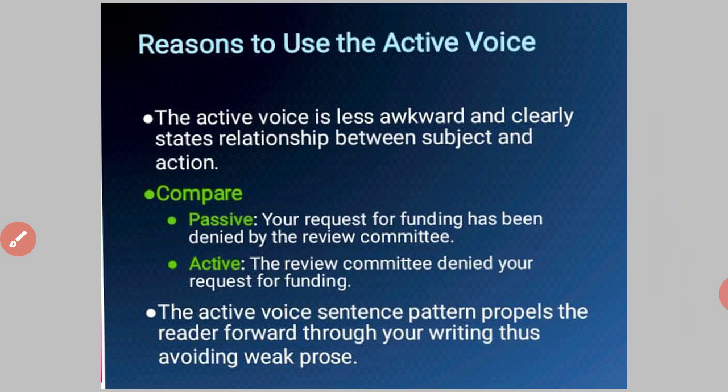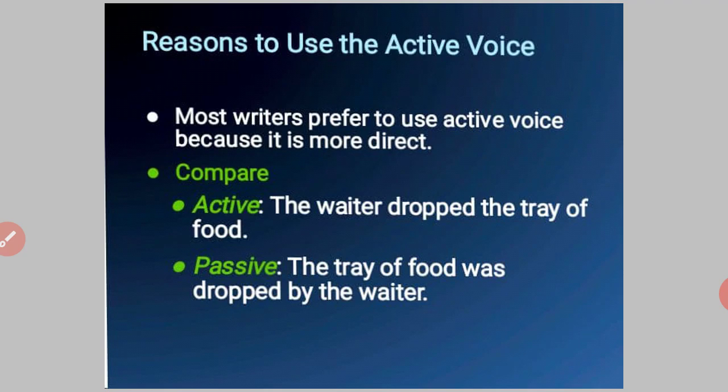Reasons to use the active voice. Second reason: the active voice is less awkward and clearly states the relationship between subject and action. As you have seen in the previous sentence, the tray of food was dropped by the waiter. Here it is somewhat awkward.